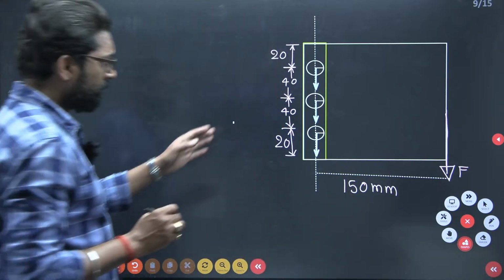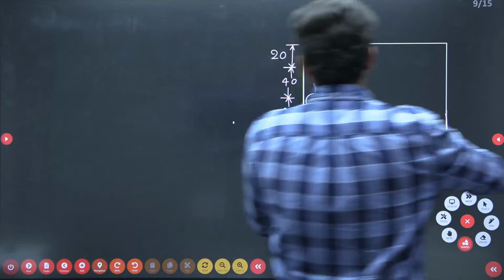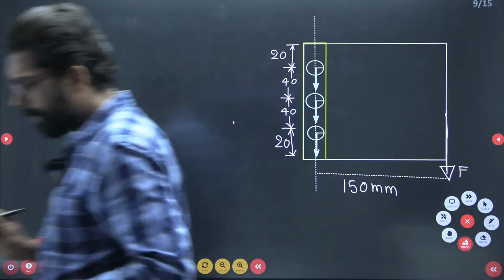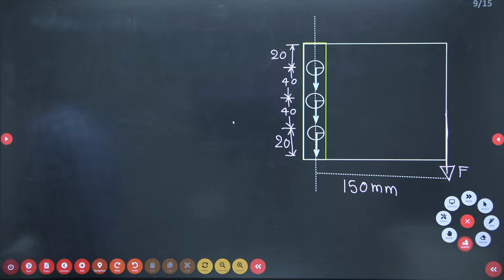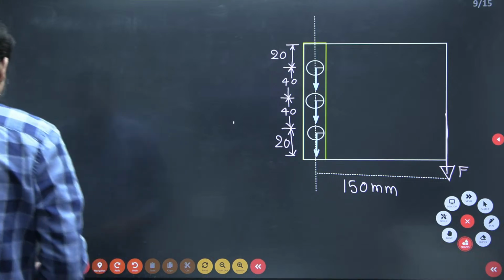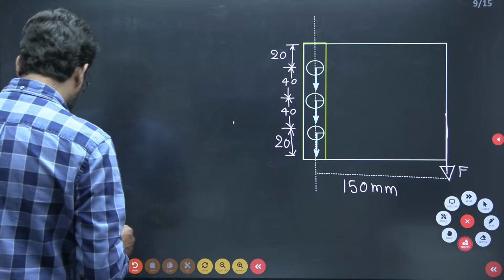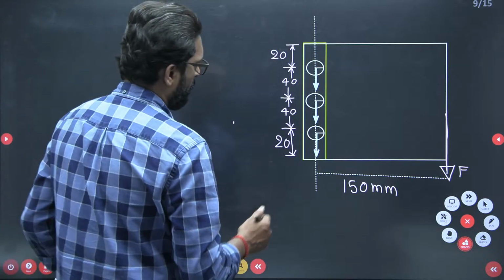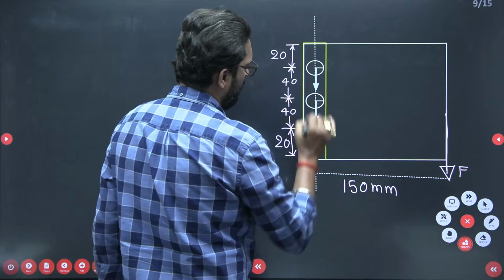Clear? So this one is the primary shear load, the direct shear load.